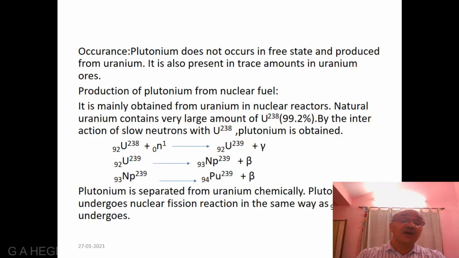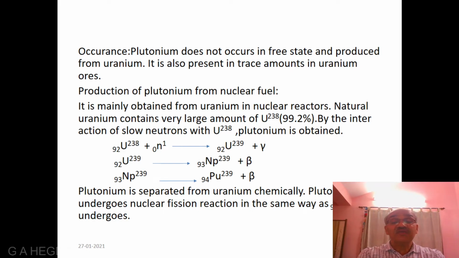The equations are 92U238 plus neutron gives rise to 92U239 plus gamma radiations. 92 uranium-239 gives rise to 93 neptunium-239 plus beta particle. 93 neptunium-239 gives rise to 94 plutonium-239 plus a beta particle.